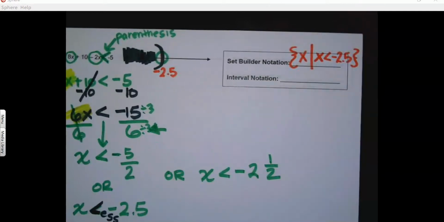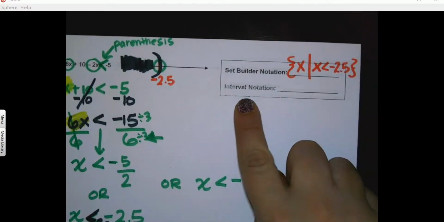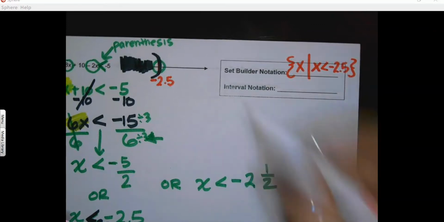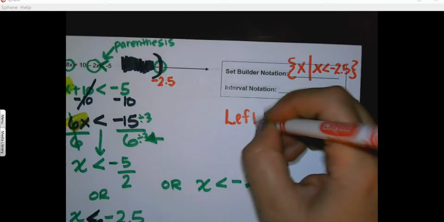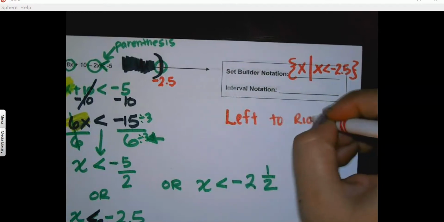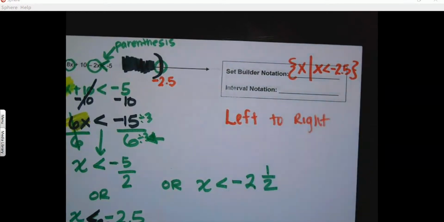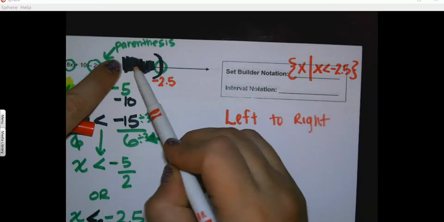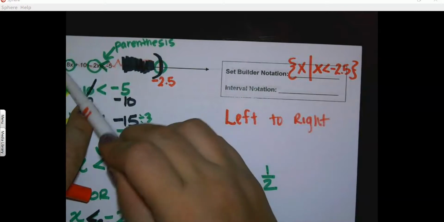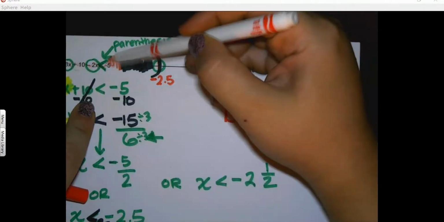So now I'm ready to write my answer in interval notation. So remember, to write your answer in interval notation, you always go from the left to the right. So I look at the graph and I go left. So on the left side here, it's going on and on and on. It keeps going and going.